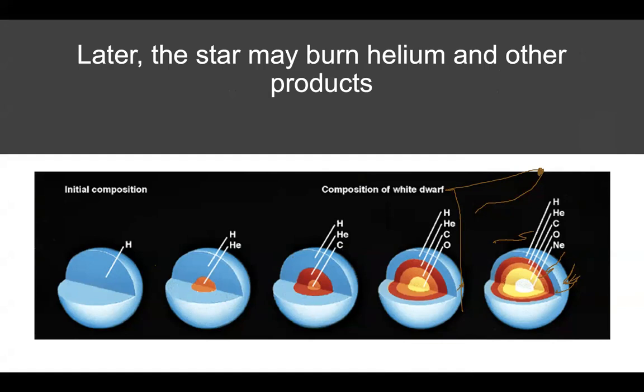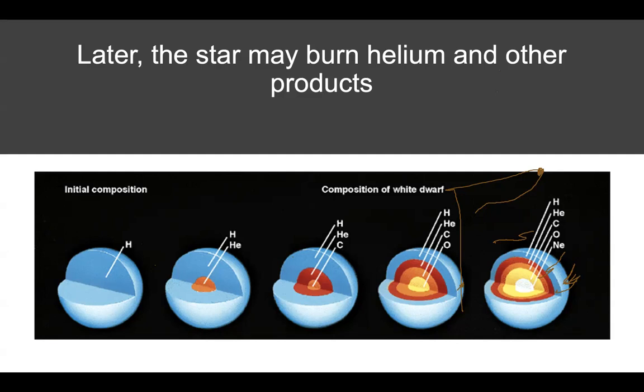The stars which are not very massive only convert hydrogen to helium and stop as helium dwarf stars. Those which are a bit more massive go further and create carbon as well. And more massive ones create magnesium, oxygen, and so on up to iron.